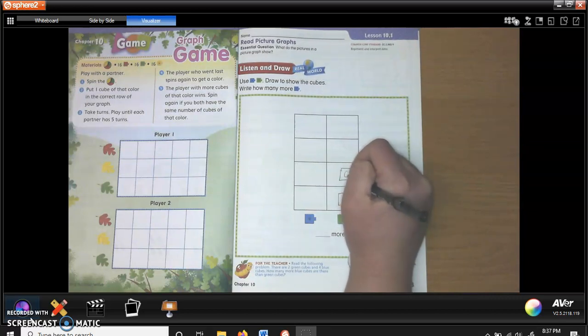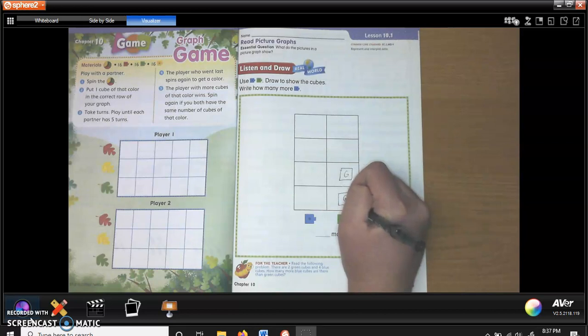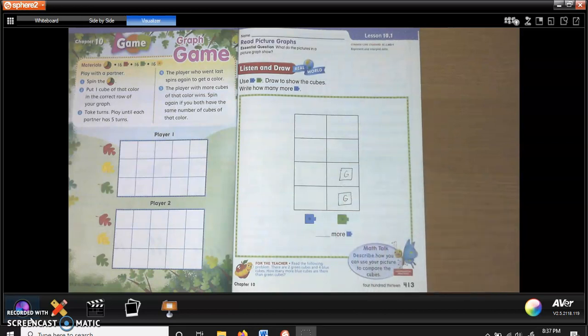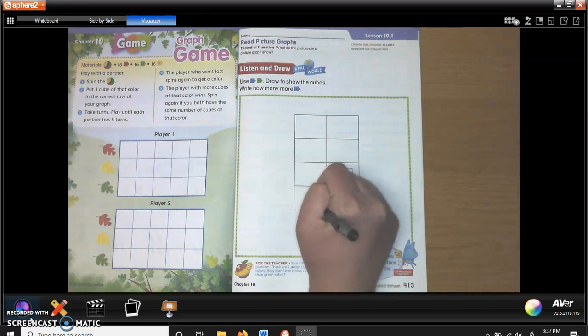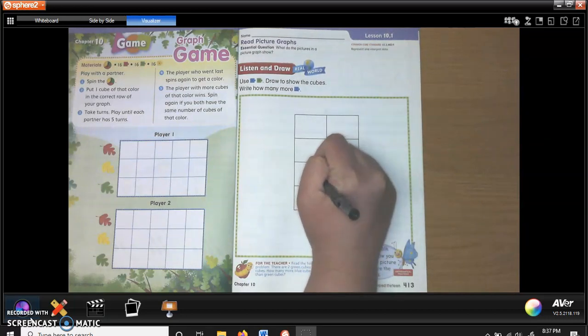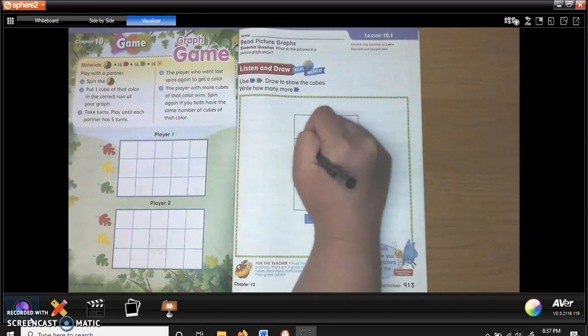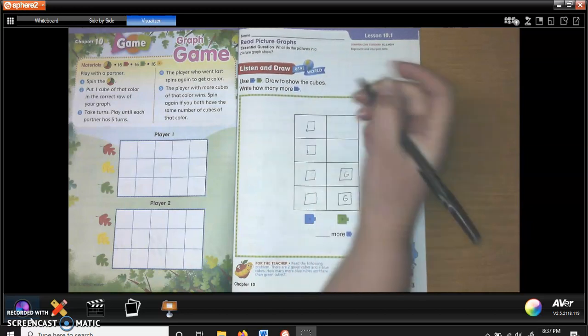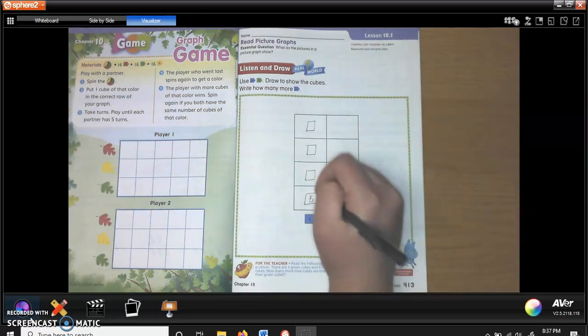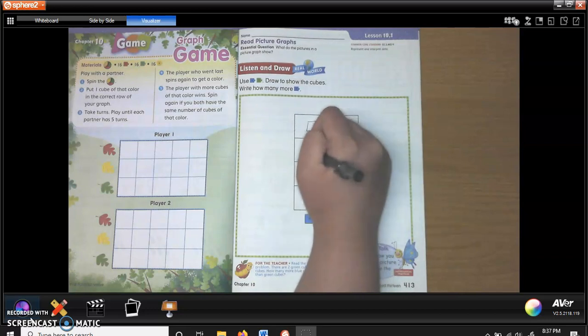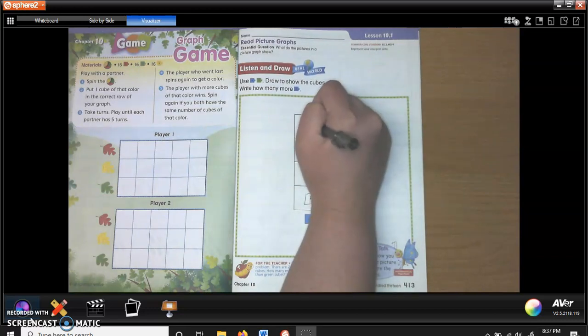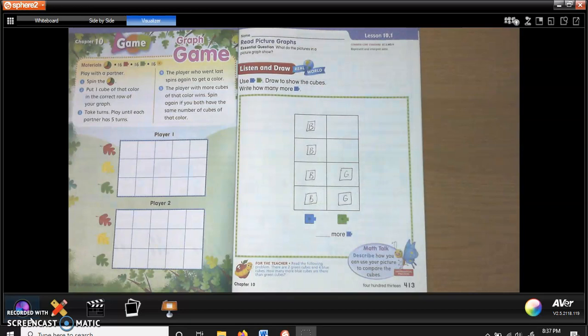And I can even put a G in there for green, or if you have crayons, you can color them in green. And then it says there are 4 blue cubes. So I'm going to come to the blue side, and I'm going to draw in 4 blue cubes. And I can put B's in there for blue, or you can go ahead and color them in blue.